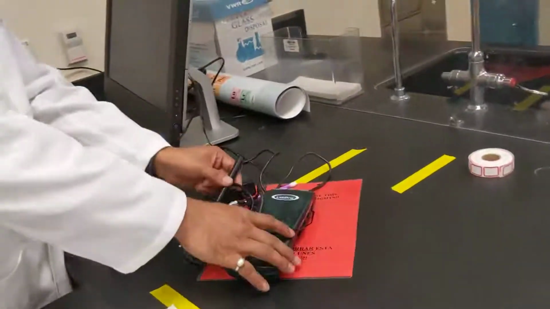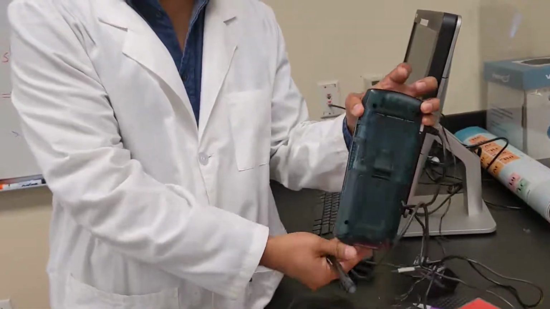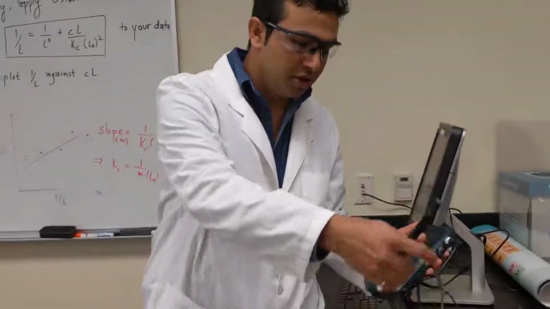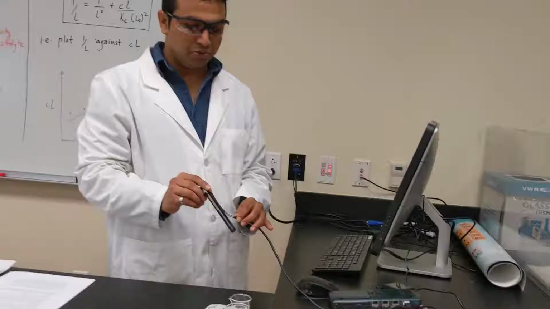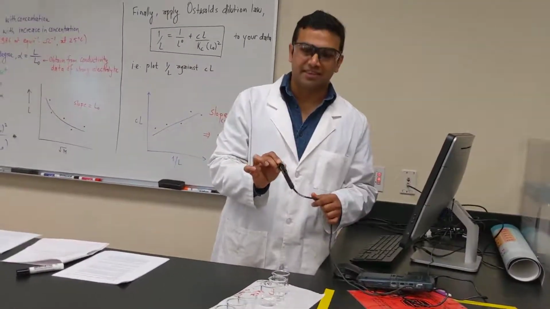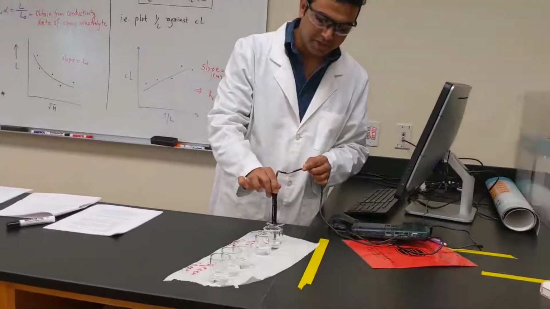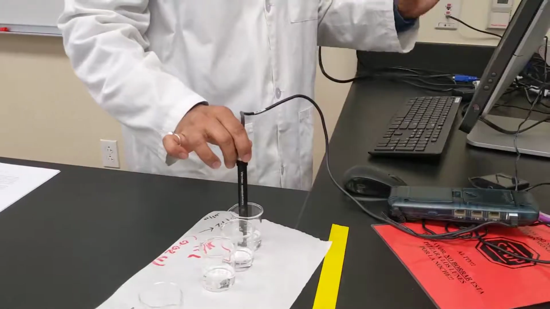And then now we have connected this LabQuest and LabPro, which you have already used in your general chemistry laboratories. So I don't have to teach you to use the LabQuest and LabPro. What you do is, this is your conductance sensor, right? You will immerse this one here slowly, and then record the value that you have here.